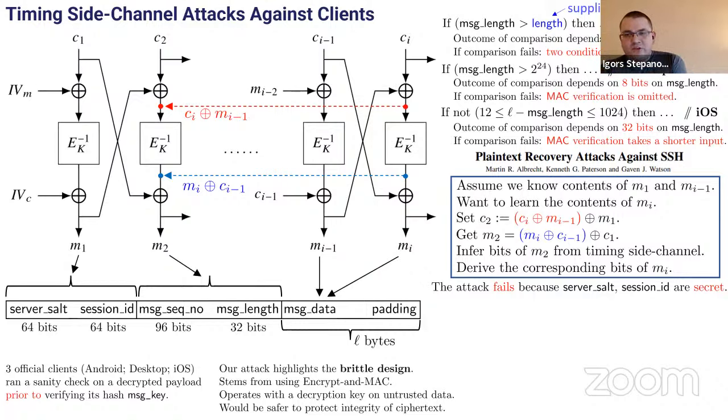As we discussed before, MTProto basically adopts a variant of the encrypt-and-MAC composition. Protecting the integrity of the plaintext rather than the ciphertext necessitates operating with the decryption key on untrusted data. This opens up the possibility of timing side channels. We found three such side channels in the official clients, but MTProto also encourages the use of third-party clients, so there is a possibility that more developers got it wrong.